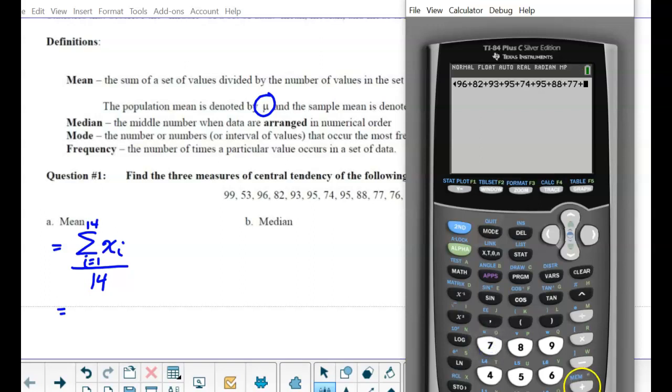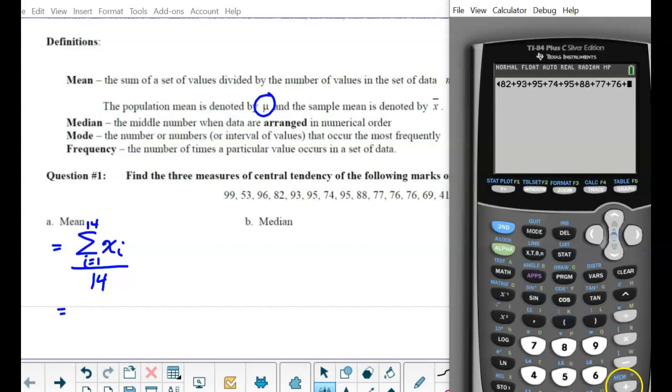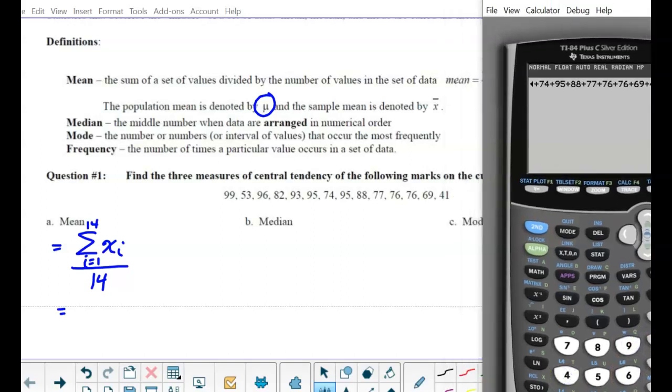We're going to learn a better way, because adding them all in like this, pretty likely you're going to mess something up. At least when I do it, I usually do. Okay. So this is 1,114 over 14.